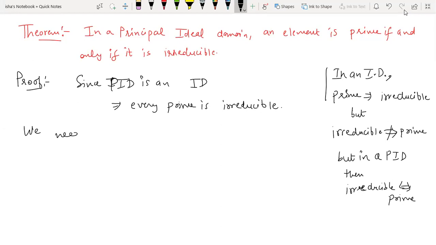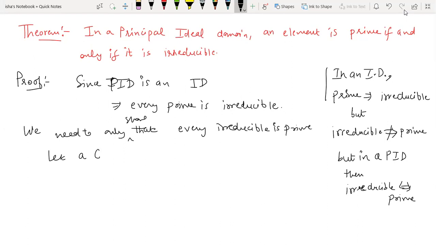We need to only show that every irreducible is prime. So let a belong to D, where D is the principal ideal domain and a is the irreducible element.